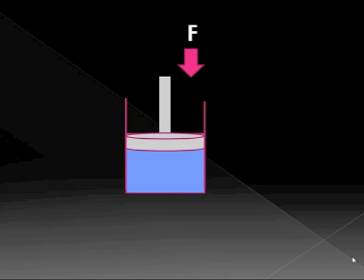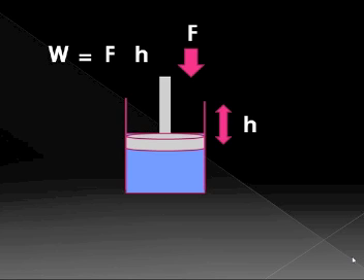Now when we do, the piston has moved through a height h, or a distance h. Now I want to find the work that is done. Very simple. Work is equal to force times distance, or in this case, the force times the h, the height that it moved through.